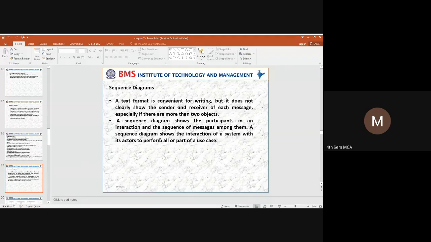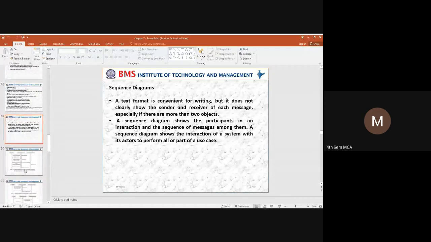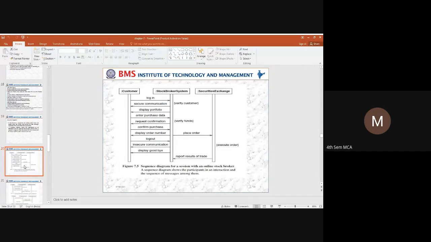That we call an interaction between the two objects. Whatever interaction happens between objects will be a part of the use case. That is, whatever the actual functionalities are, they will be written in the form of messages.